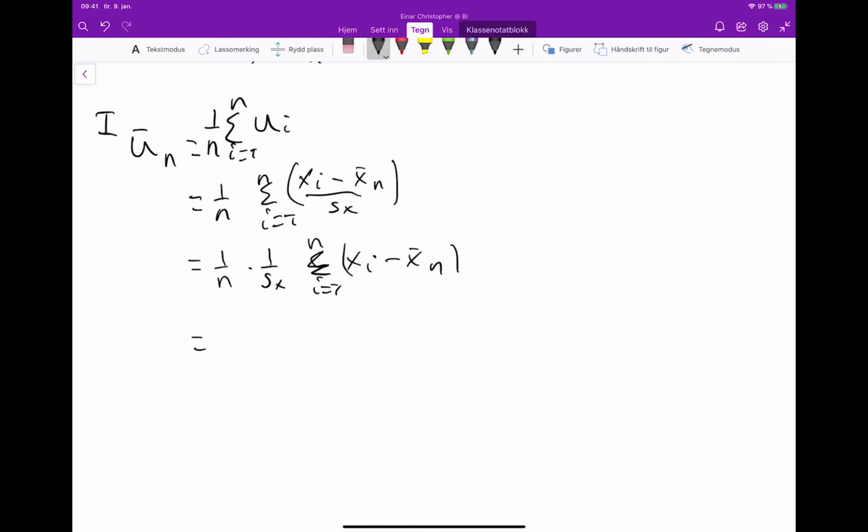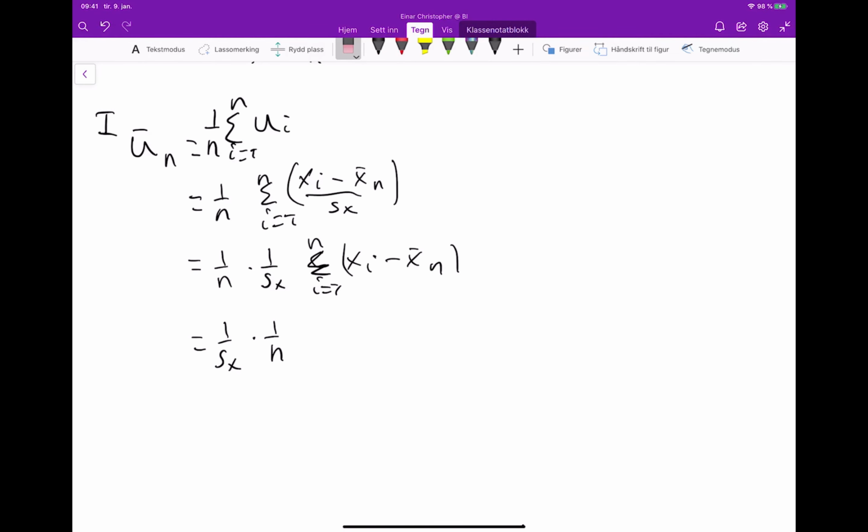And now let's write this out and change the factor 1 divided on n with 1 divided on sx, because that doesn't change the result. As I said earlier, 2 times 3 is the same as 3 times 2.